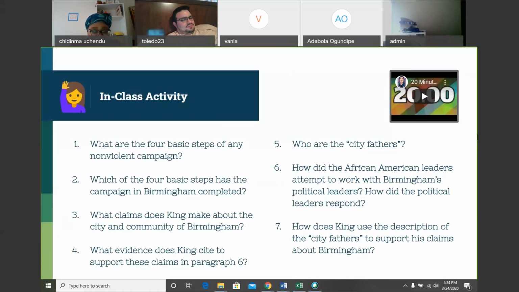Number 3. What claims does King make about the city and community of Birmingham? So what are the main points that he makes about the city of Birmingham and about the people in it? Delania?